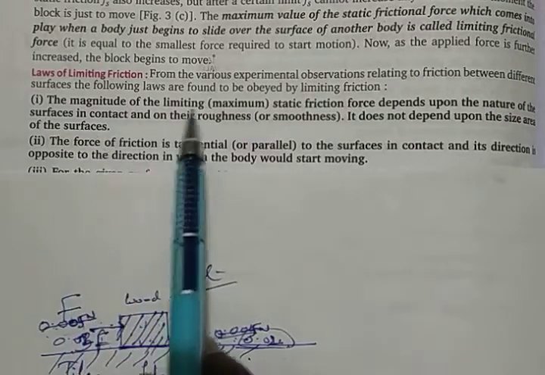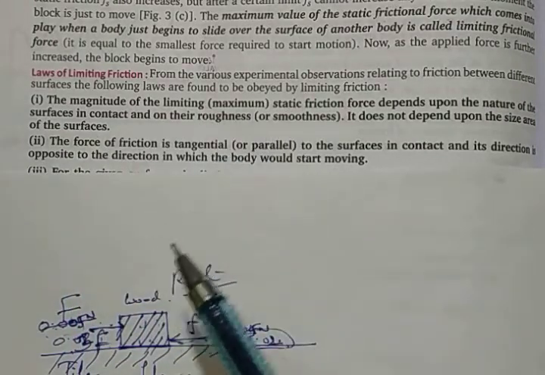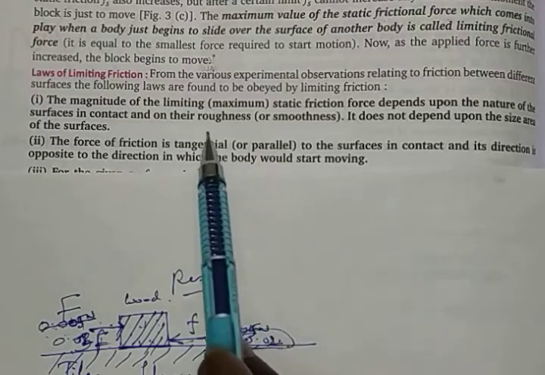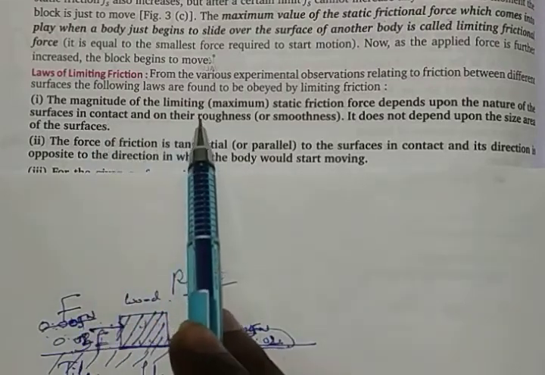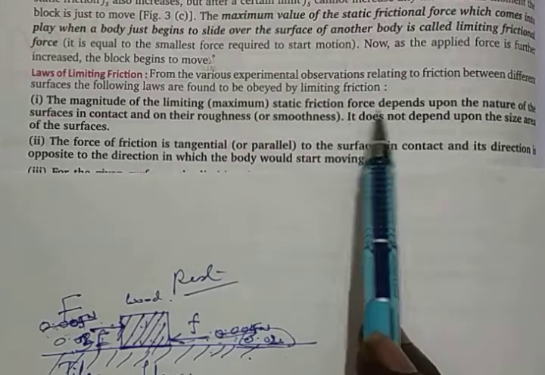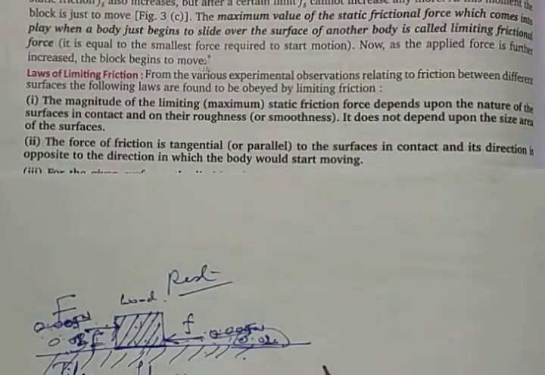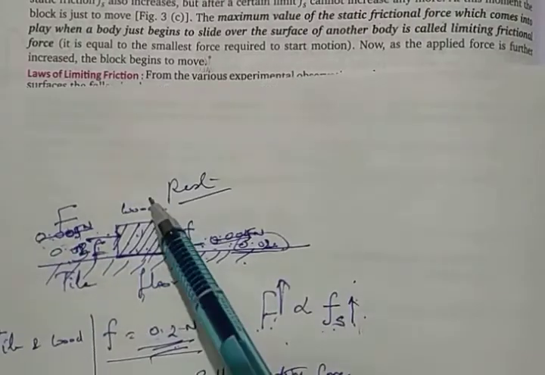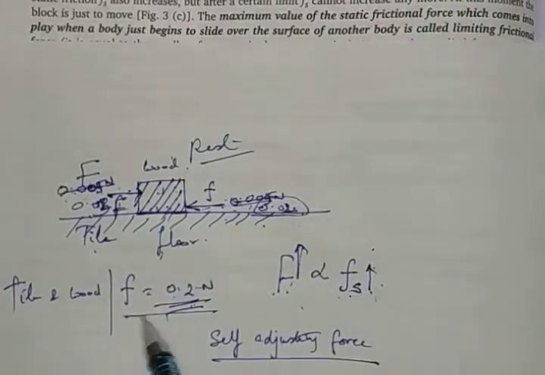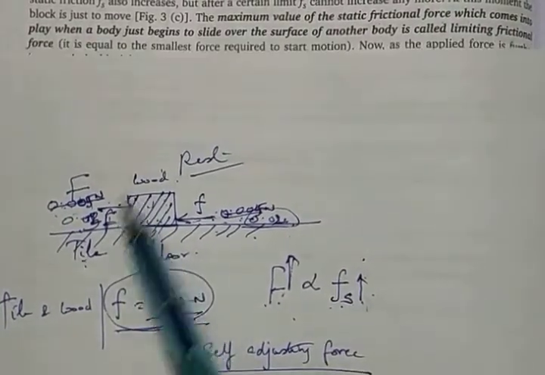The magnitude of the limiting friction, how much the value will be. The magnitude of the maximum static friction force depends upon the nature of the surfaces in contact. I already told you. Wood and tile will have its own value. The magnitude will depend on the nature of these two surfaces.